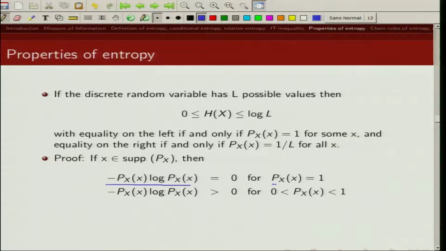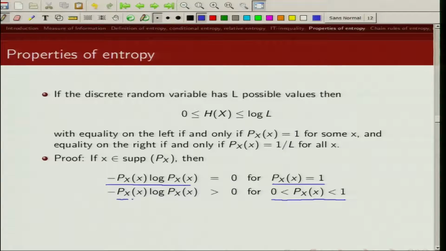Now clearly when p of x is 1, log of 1 will be 0, so this quantity will be 0, right? And we know that probability lies between 0 and 1. So when p of x lies between 0 and 1, this would be a fraction. So log of a fraction will be minus of some number, and minus minus becomes positive.